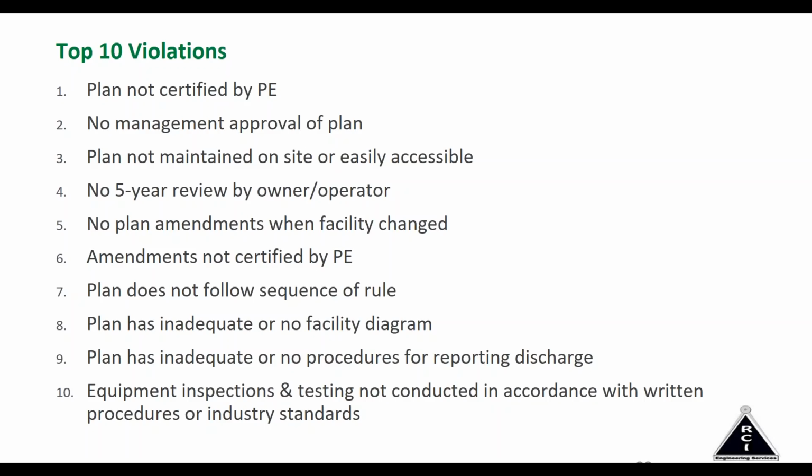You have to maintain at least 3 years of records of monthly inspections. They were cited for not subjecting the above ground tanks to visual inspections or integrity testing, which, by the way, might be a visual inspection. So anyway, they ended up with 9 different citations just off of that one topic.